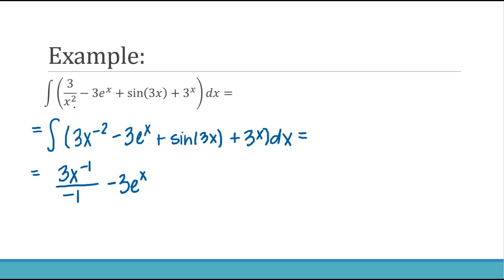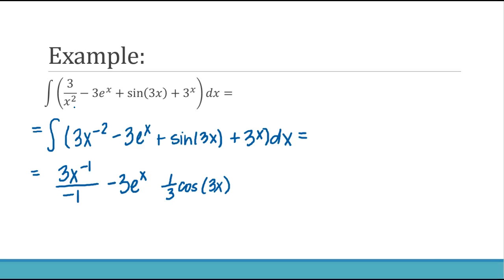And now here I have plus sine of 3x. So I have this linear piece on the inside, this 3x. So what's going to end up going in front is that 1 over k, that 1 over 3, and we are going to have cosine of 3x, and we just want to make sure the sign, positive or negative, is going to come out correctly here.